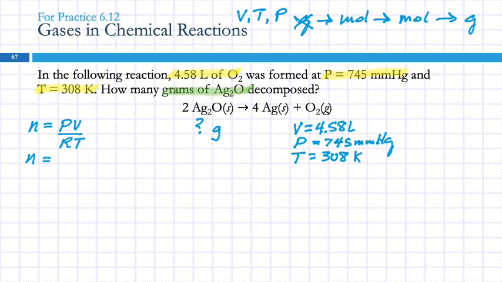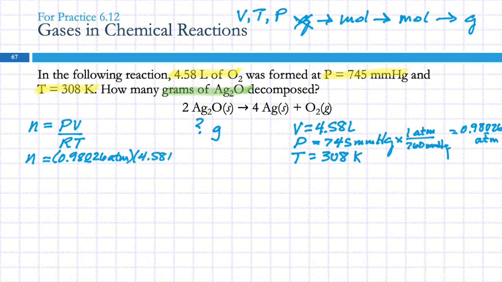Well, the pressure is not in atmospheres, so we need to convert that. 0.98026 atmospheres. And the volume, well, they gave it to us in liters, so that was kind of them.